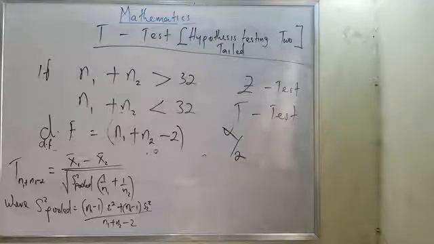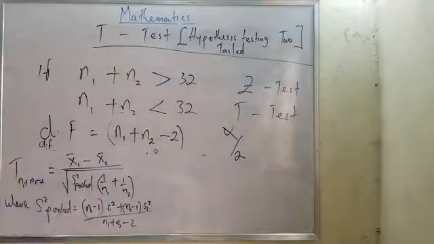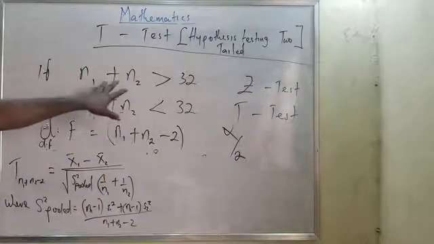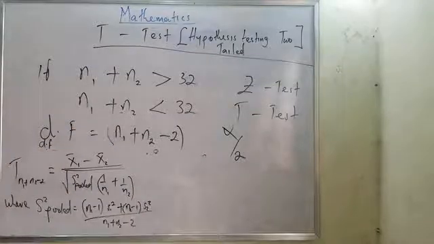Now, since we know this, anything we need to find on degree of freedom, on a problem that satisfies the condition of the t-test, we can find it without any issue, without any problem.